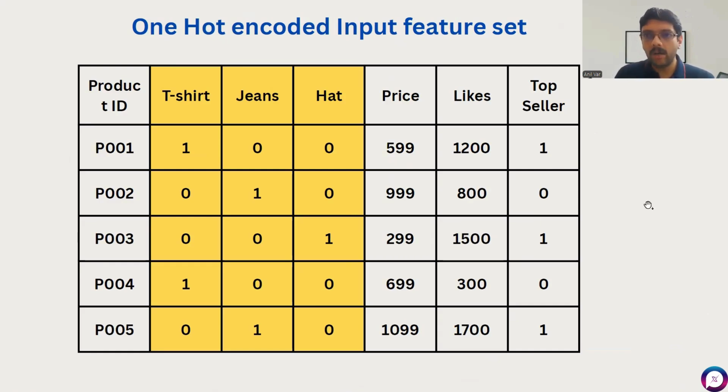So we've seen how it's not just for the output label that you could convert into a one-hot encoding. If you had an input feature that was categorical, you would convert that into a one-hot encoding as well. And so you'd end up replacing, in this case, one feature, which was a text feature telling you the type of apparel, with three input features, which are effectively the one-hot encoding, telling you whether it's a t-shirt, a jeans, or a hat.